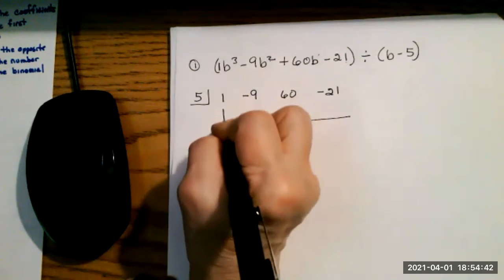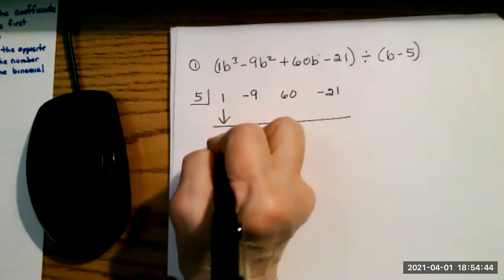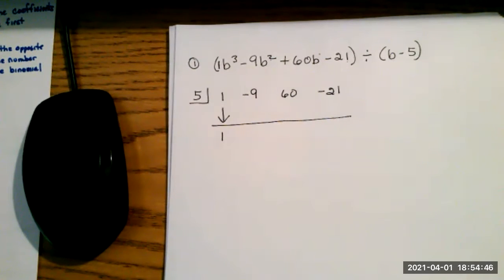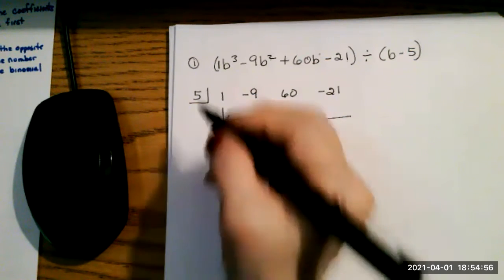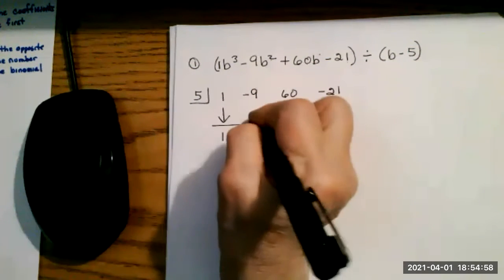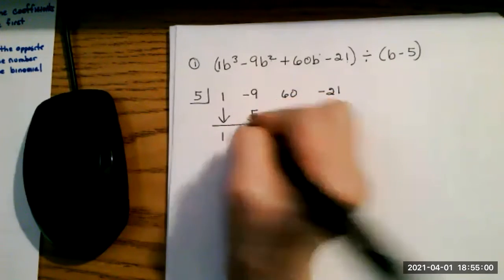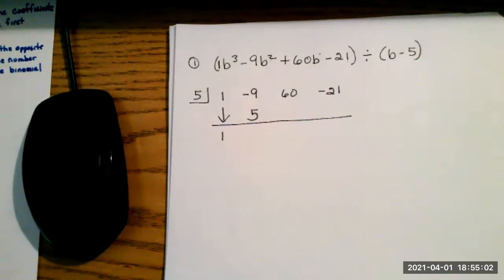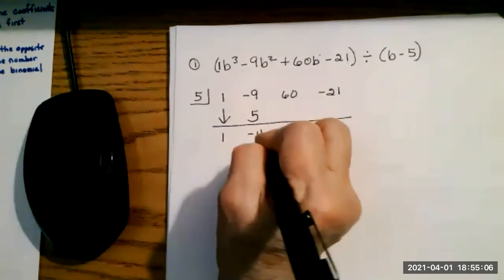Remember the first term we bring down. Now how do you start the process? 5 times 1 is 5, and I put the answer right underneath that negative 9. So I get negative 4.